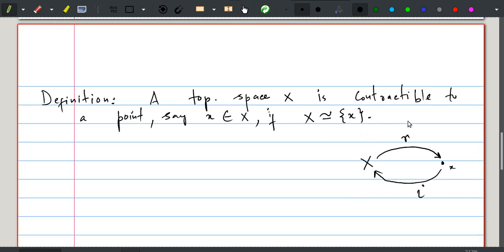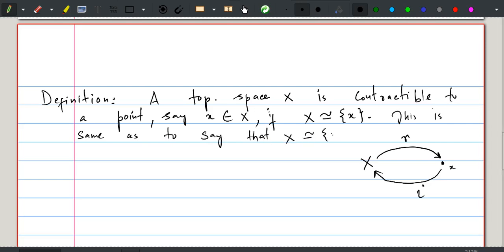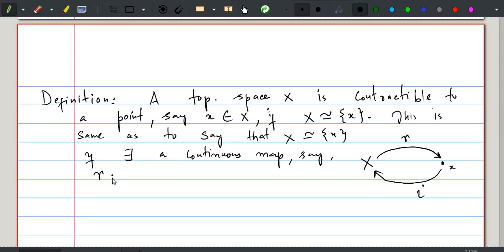This is same as to say that X is homotopically equivalent to the singleton if there exists a continuous map R from this space X to this singleton set.